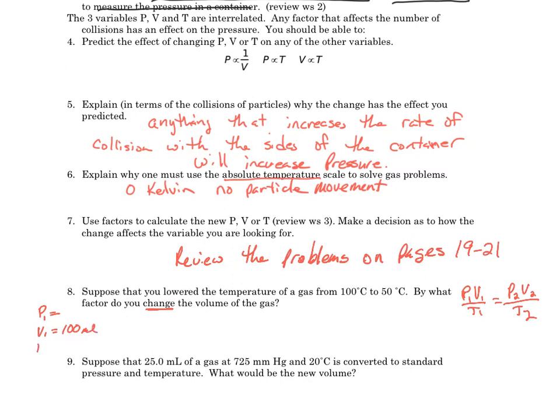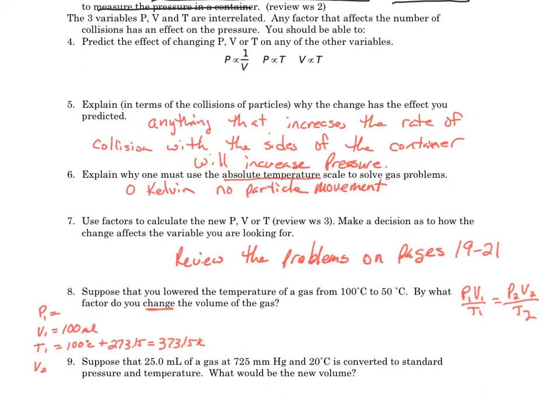My T1 is, you lower the temperature of gas from 100, so that's going to be 100 degrees Celsius plus 273.15, 373.15 Kelvin. And then my T2, my volume 2. Let me stop and redo this one.